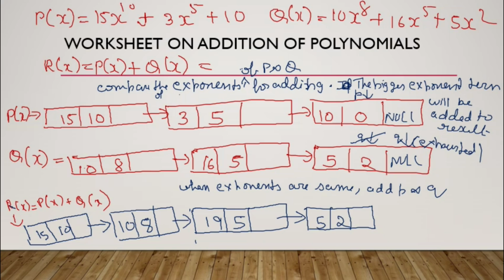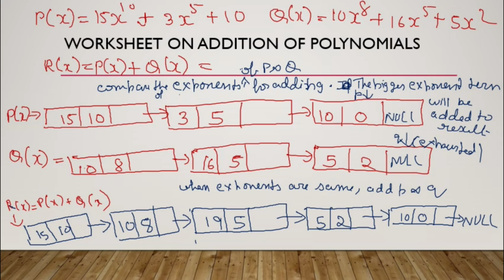Next, whatever term is remaining, students, that is the p term, so that you need to copy. That is nothing but 10 and 0. So we have only p there, 10 and 0, and this is nothing but null.